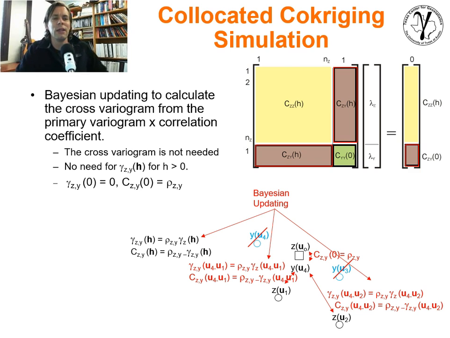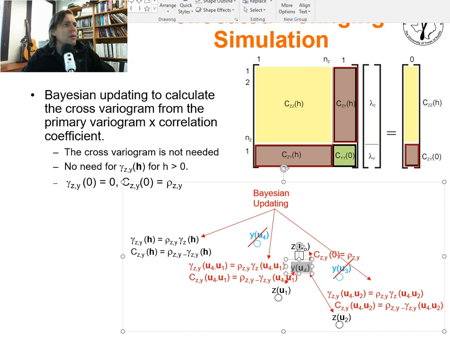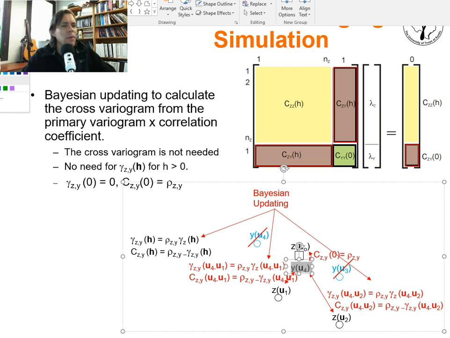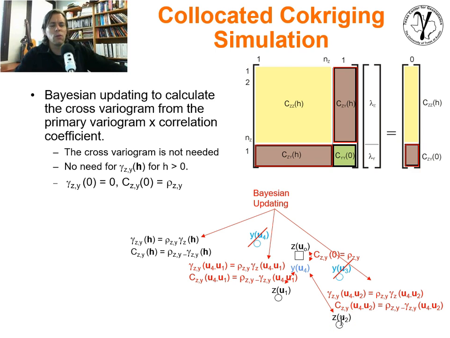The second assumption is that we still need to solve for the cross covariances between the retained secondary data right here, which let me put in blue so that we remember it's different, and all of the other primary data here. We still need to know that, so what do we have to do? We need a cross variogram to do that. This is where we bring in a Bayesian updating assumption.